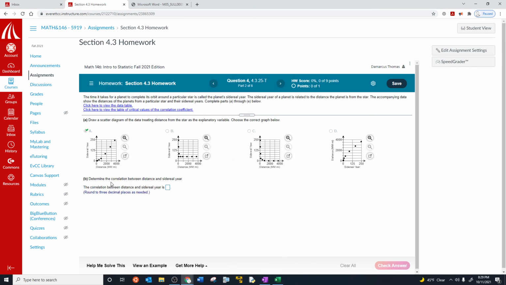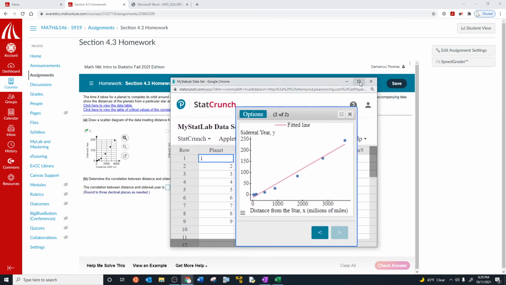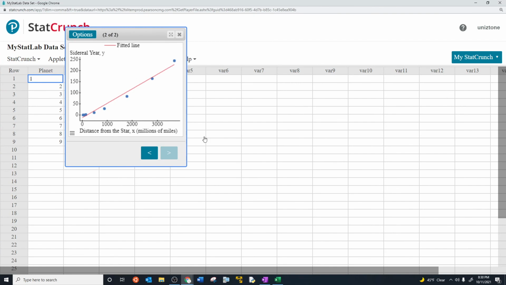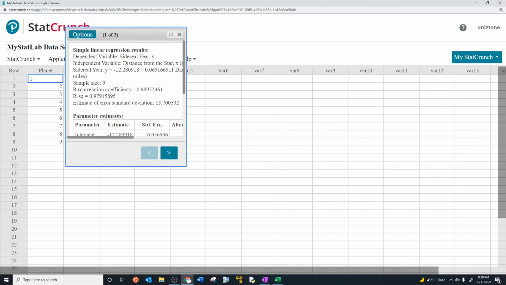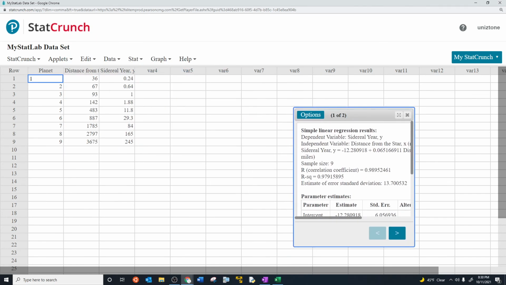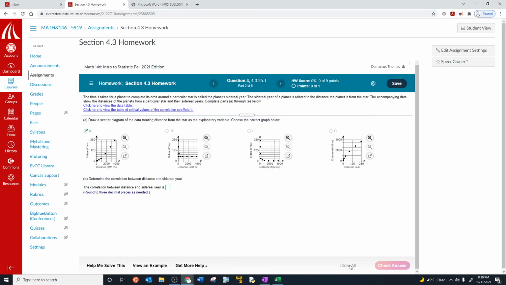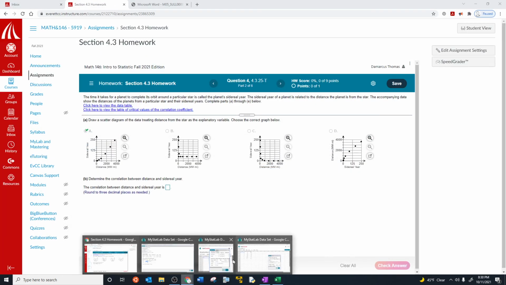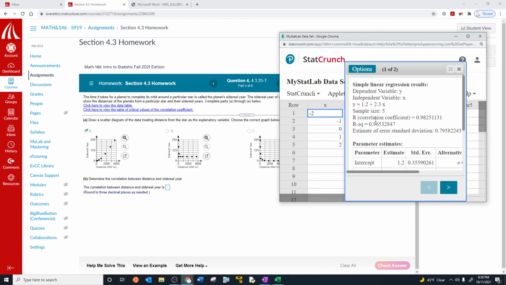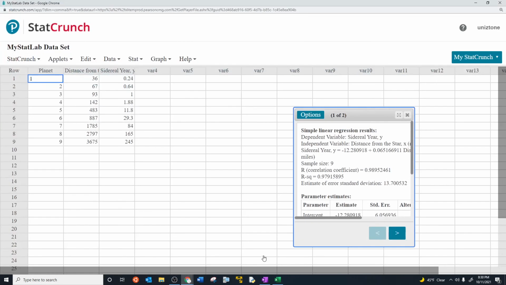Determine the correlation between the two variables. That's a really good question. They want to know the r. They want 3 places.